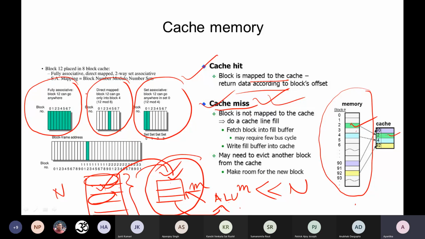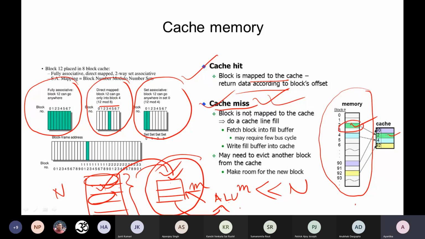Whereas in direct mapping, block 12, a particular block of memory, can only go to block 4 or a particular number. We are basically taking some mod operation, or there are different algorithms, no need to understand that as of now. Just understand what happens to a particular memory block.